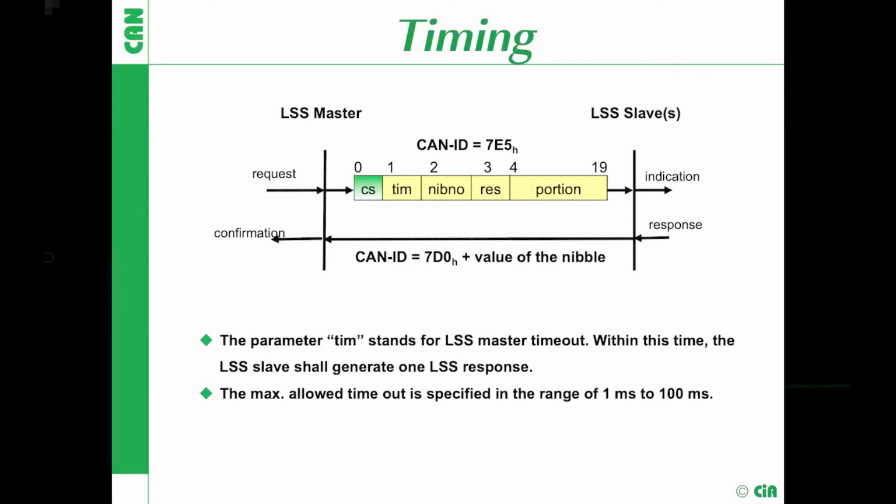The detection of an unconfigured device and the assignment of a node ID can be completed in less than 350 milliseconds. So this is a significant improvement in comparison to the previous fast scan mechanism that took about 1.4 seconds to complete using a 10 millisecond timeout.